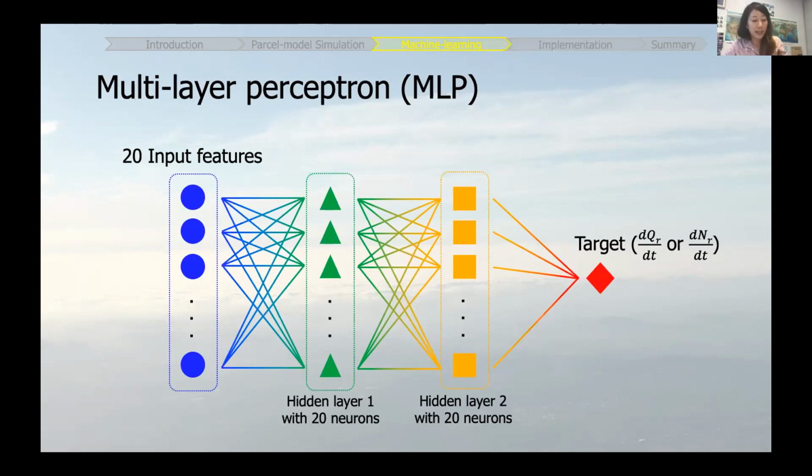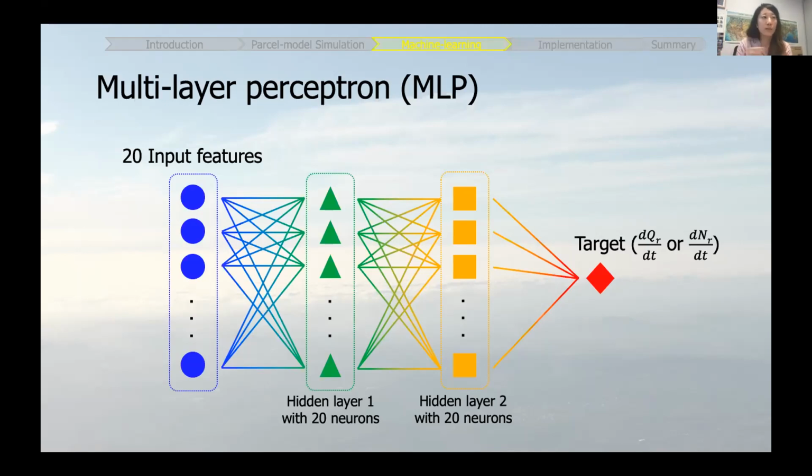And then they tweak these weight values and try to get to a better target value, because this is supervised learning. So we know the answer, DQRT. The machine itself learns from its mistakes, and then tries to correct those weight values so that it can get to the target value as closely as possible.